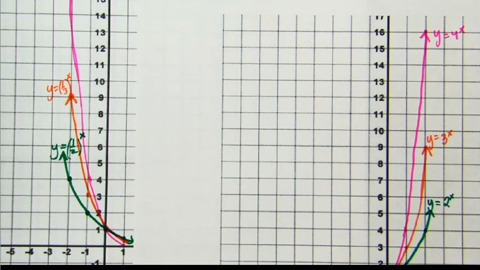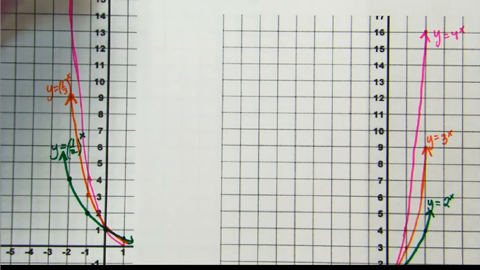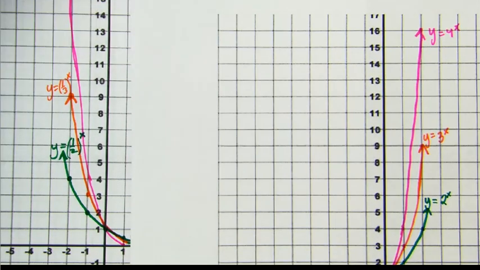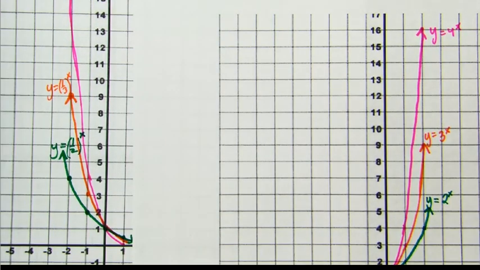So maybe we have to say, if b is greater than 1, the larger it is, the steeper it gets. If b is between 0 and 1, the smaller it is, the steeper it gets. Okay, so there's a chance that in this case, we have to find a different way to put it.